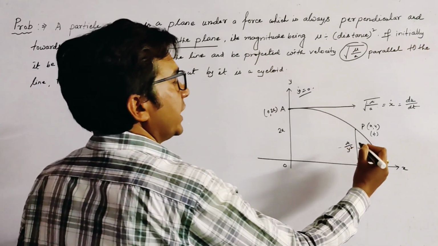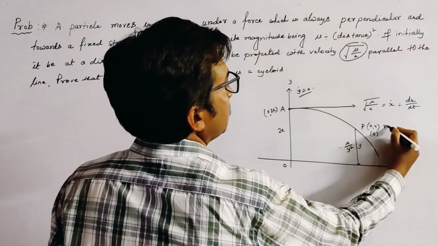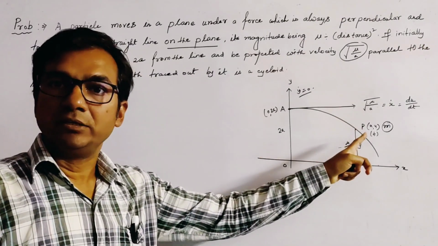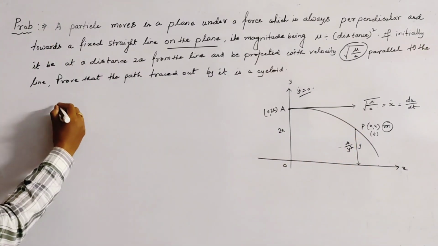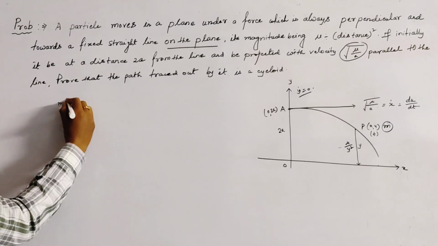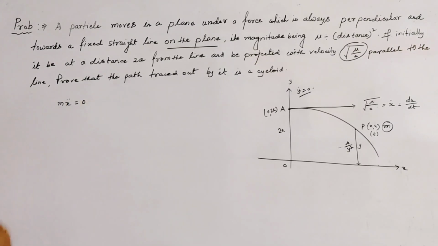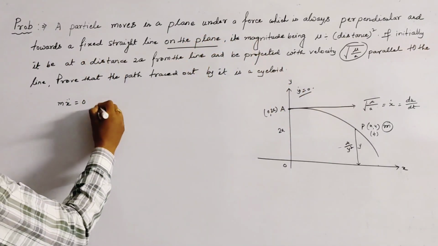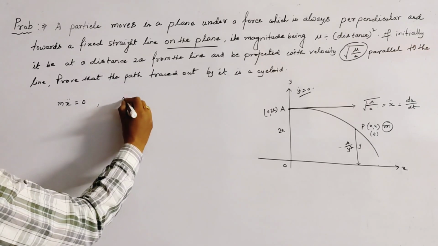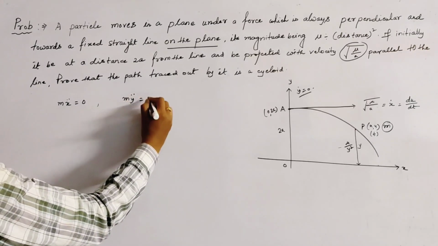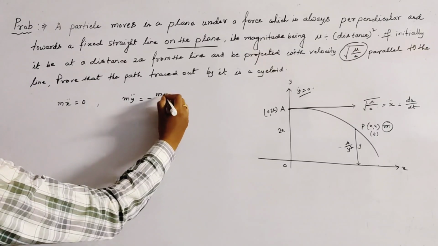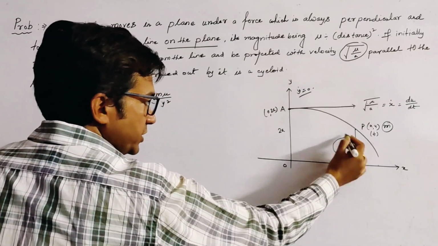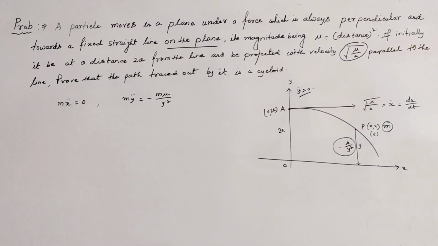Now, if we take m to be the mass of the particle, then the equations of motion of the particle at any time t are given by m x double dot equal to 0, because there is no force along the x-axis, and the second equation of motion is m y double dot equal to minus m mu by y square, because this is the force per unit mass of the particle. Clear?